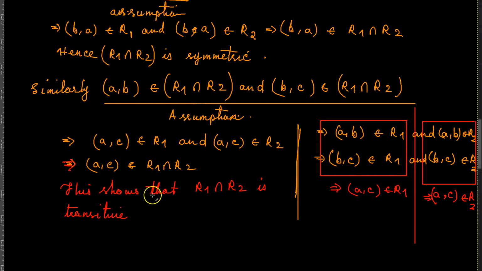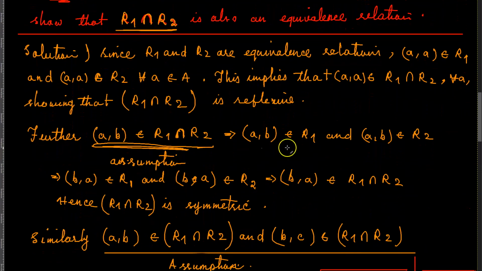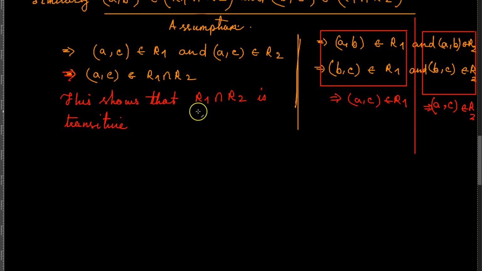So now we have shown that R1 intersection R2 is reflexive, R1 intersection R2 is symmetric, and R1 intersection R2 is transitive.